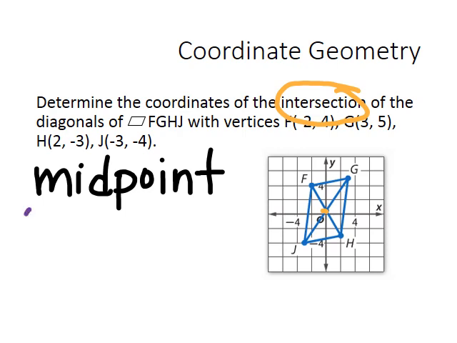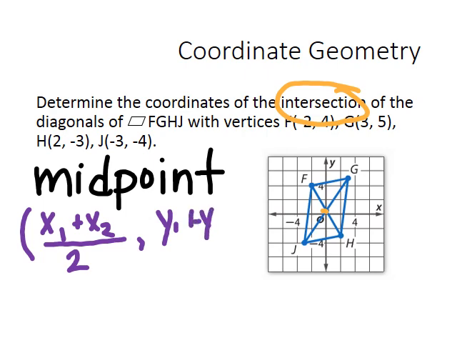Remember that is taking the average of the coordinates: x1 plus x2 divided by 2, over y1 plus y2 divided by 2. Okay? Our x1, y1, and x2, y2.